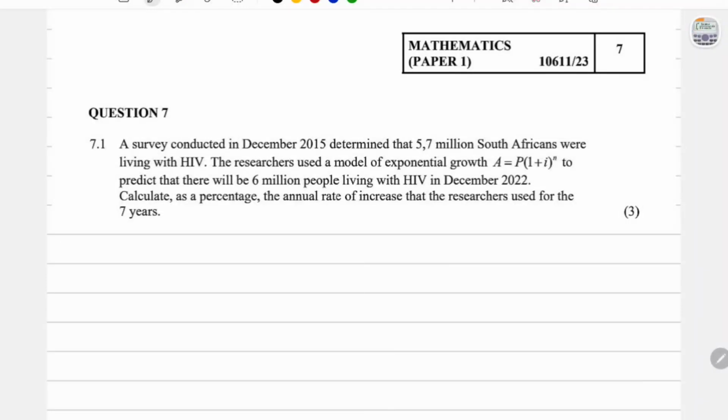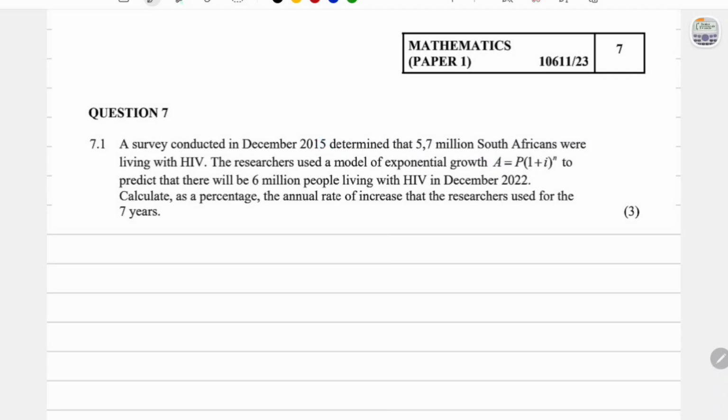We are on question 7 of this paper, and 7.1 says, a survey conducted in December 2015 determined that 5.7 million South Africans were living with HIV. The researchers used a model of exponential growth, which is A is equal to 1 plus I to the power of n, to predict that there will be 6 million people living with HIV in December 2022.